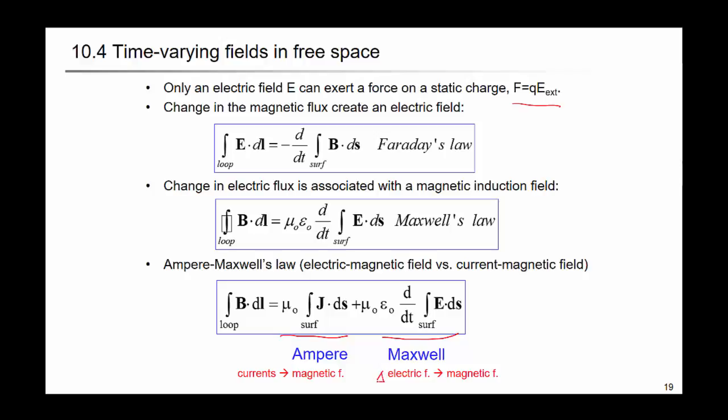This is actually delta electric field. So the last equation tells us that the current, the moving charge, causes the electric force and the magnetic force, and also the change in electric field causes a magnetic force.